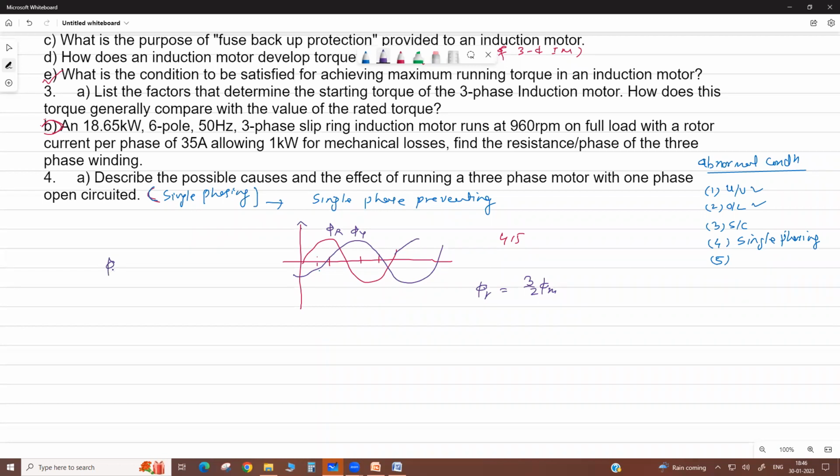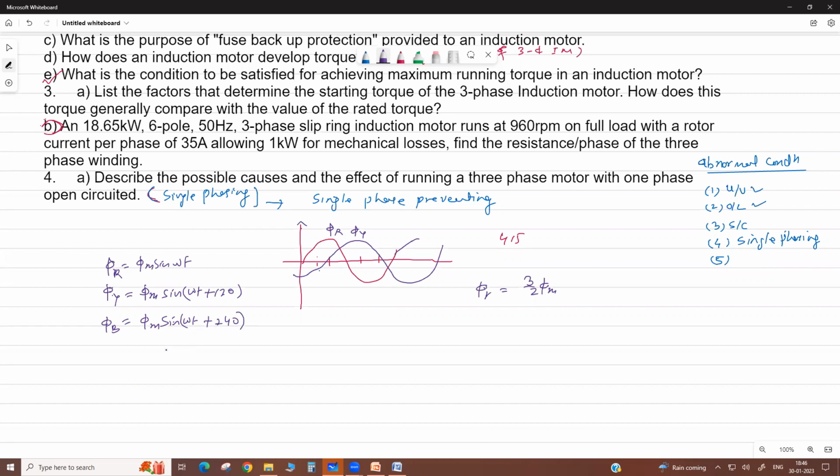Like phi R equals phi M sin omega t. All three phases develop flux R, Y, B. It is phi M sin omega t plus 120, or phi M sin omega t plus 240.